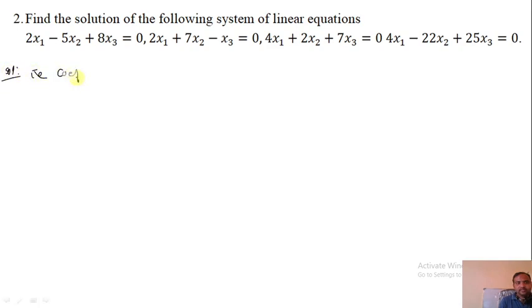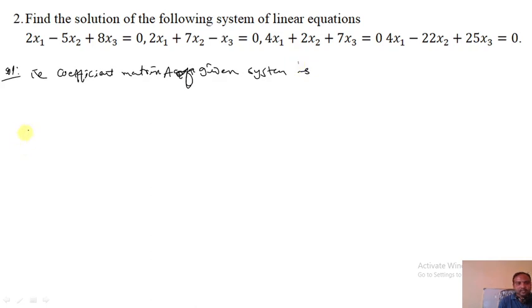The coefficient matrix A of the given system is: write the coefficients, minus 5, 8, then 2, 7, minus 1, 4, 2, 4, 2, and another equation, 4, minus 22, 25. This is the one.